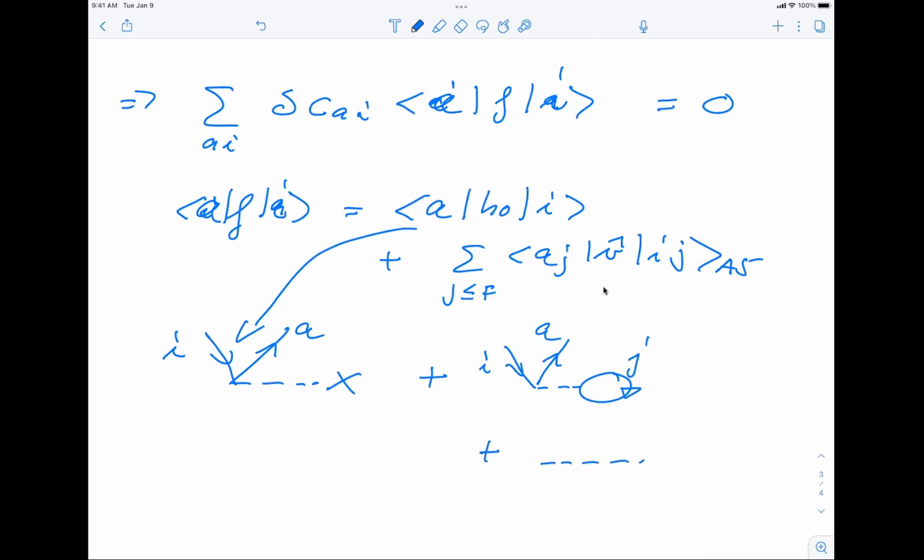which looks like this. So we could have an A leaving, an A leaving here, an I coming in. And then we have this hole state J here, which we label like this. And then we have this one.